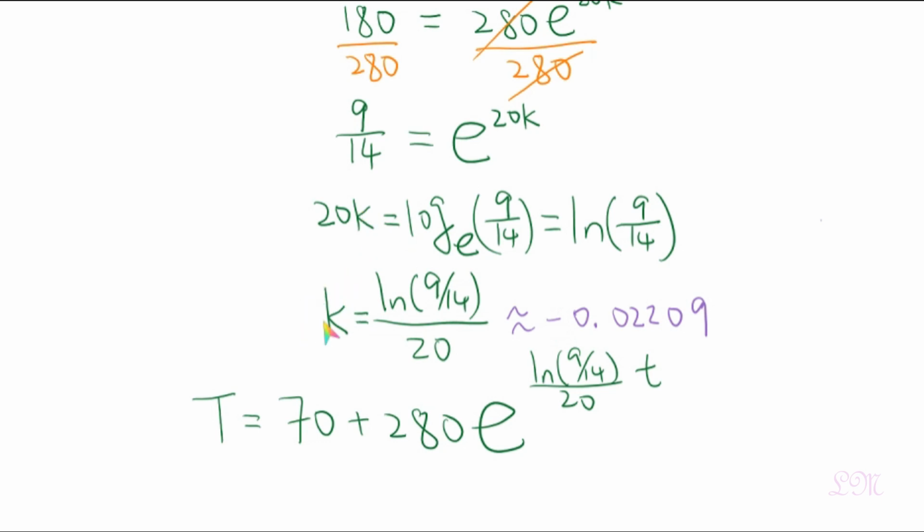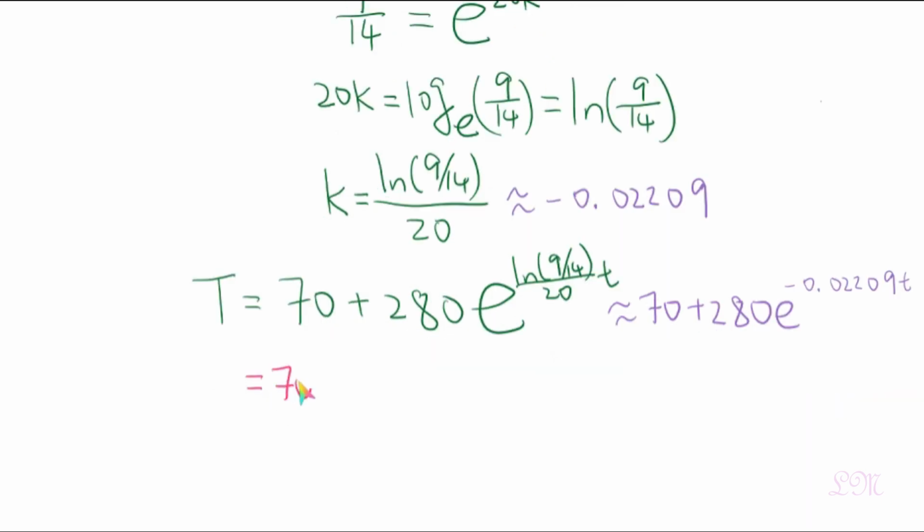And notice that our k here indeed is a negative number, which makes sense. So our equation for T would be approximately 70 plus 280 times e to the negative 0.02209t.